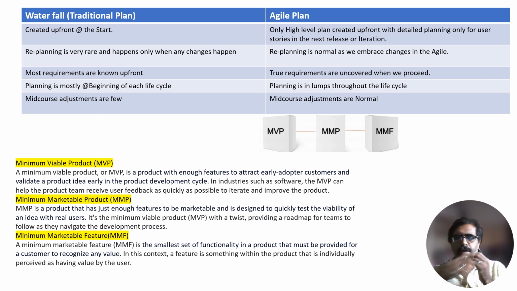A good example of a minimum viable product is what Airbnb did, right? They had to prove their hypothesis that people are willing to pay for staying in other people's houses.